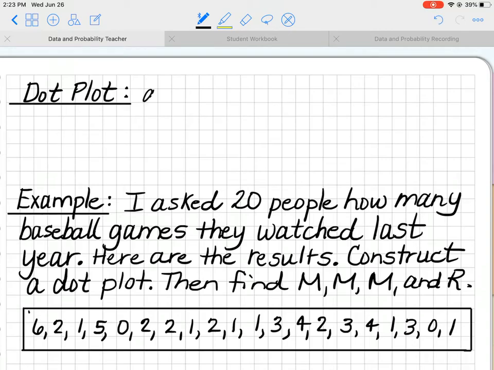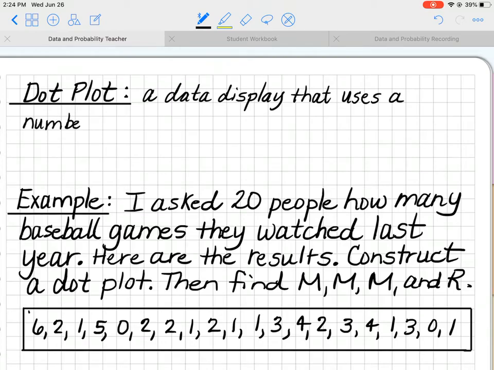A dot plot is a data display that uses a number line and dots, or other symbols.